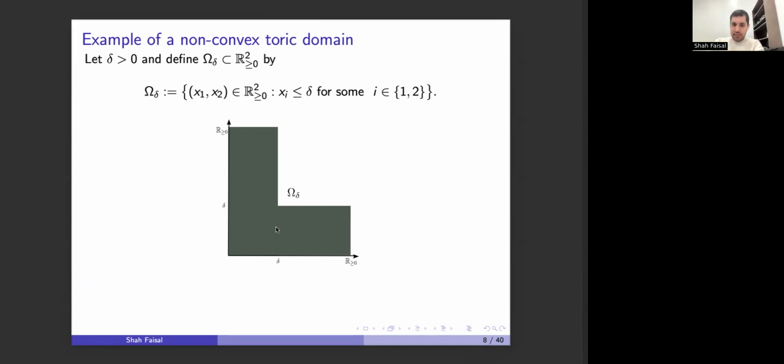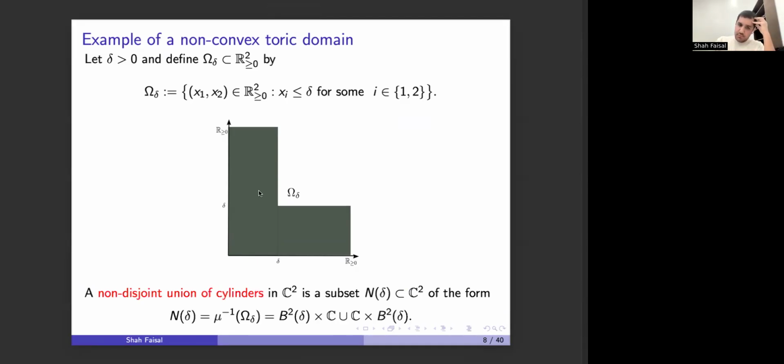If you take the inverse image of this under the standard moment map, the toric domain you get is something we call a non-disjoint union of cylinders. It's basically disk times C, so it's a cylinder, and also C times a disk. And they intersect along this piece, basically. And it's not convex, of course, because this image is not convex.